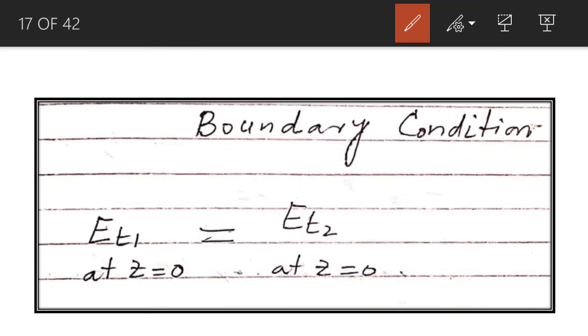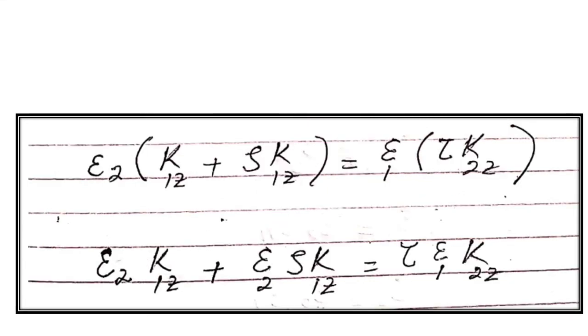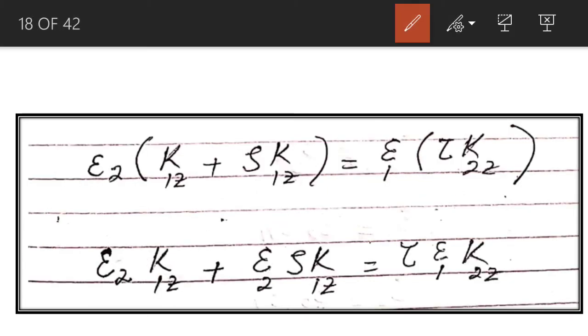So the tangential component of the electric field intensity in medium number 1 at z is equal to 0 will be equal to the tangential component of the electric field intensity in medium number 2 at z is equal to 0. And if we simplify this equation, the simplification results in epsilon 2 k1z plus rho k1z, which is equal to epsilon 1 tau k2z.